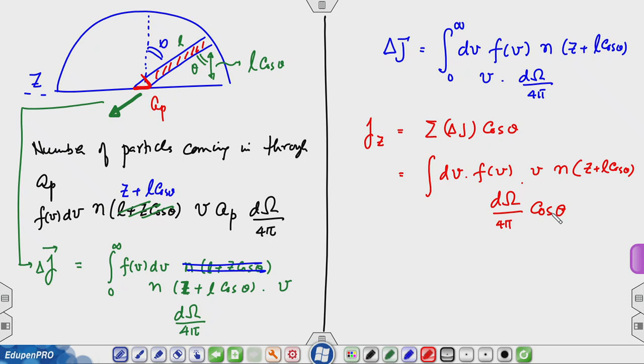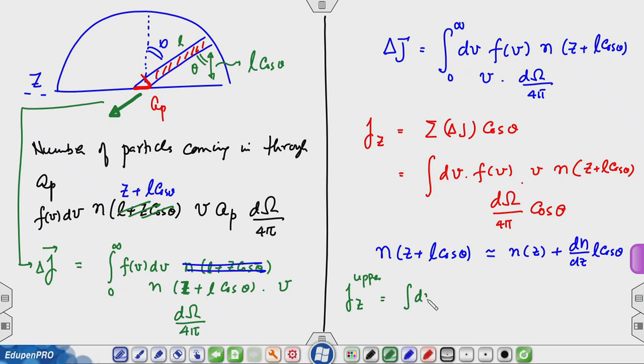And we'll calculate this. Now, L is very small, so I can do an expansion and I also assume that the gradient of n is small, so n(z plus L cosine of theta) can be replaced by n(z) plus dn/dz L cosine of theta. And therefore, Jz from the upper half is going to be equal to integration dv f(v) v.